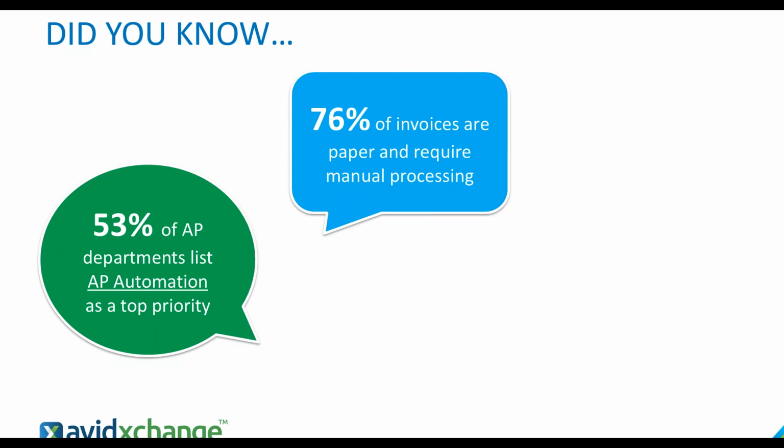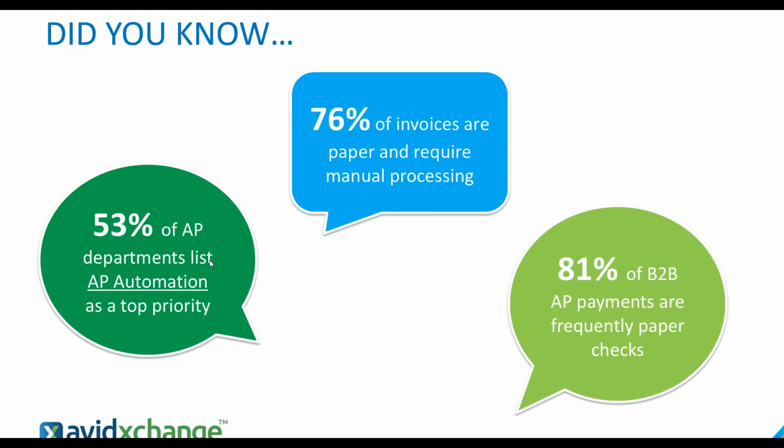So 76% of those invoices are paper and require all that manual processing, and that just means more time that gets spent in areas where you could otherwise be focusing on growing the business or doing your job. And 81% of B2B AP payments are frequently paper checks. And unfortunately, paper checks bring a host of other issues of their own that can negatively affect a company, one of which being opening the door to fraudulent activity, not to mention just the cost associated with processing those.